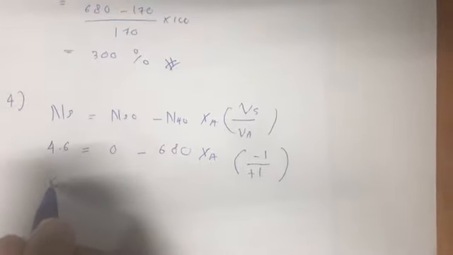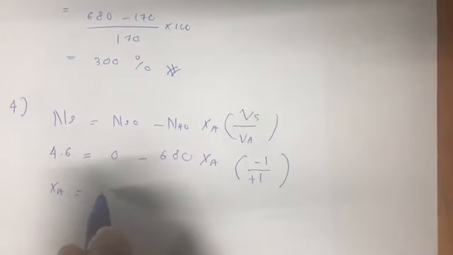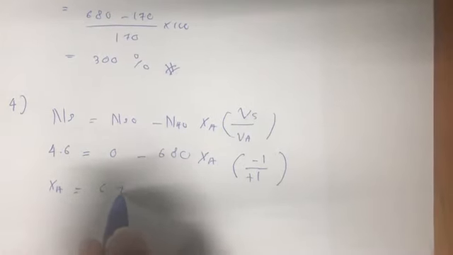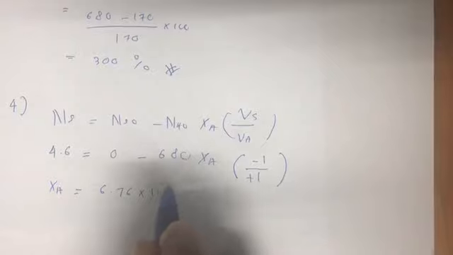So XA is equal to 6.76 times 10 to the power of -3.